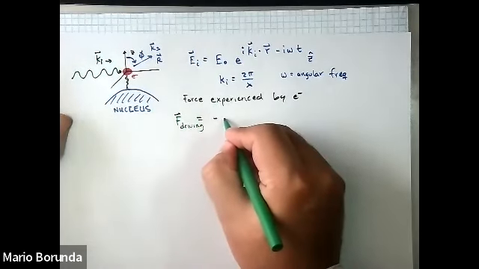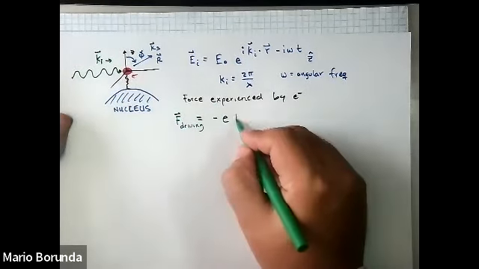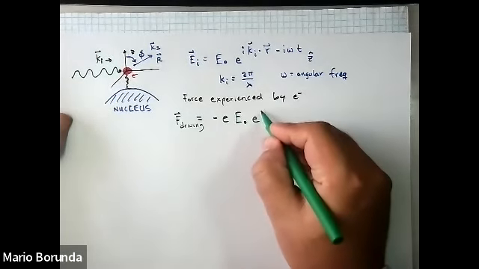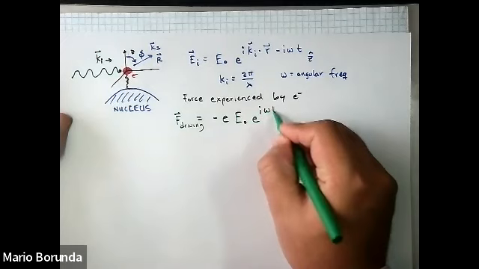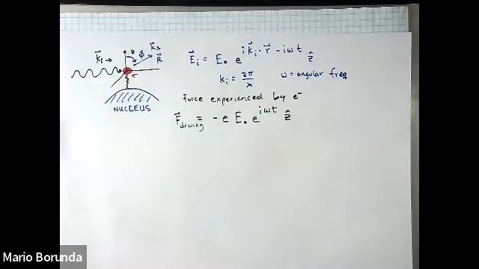It's the negative electron charge, negative e, times the magnitude of this force, times e to the i omega t, in the z direction. So the wave is coming up and down, and the electron is going to start going up and down because there's a force driving it in that direction.